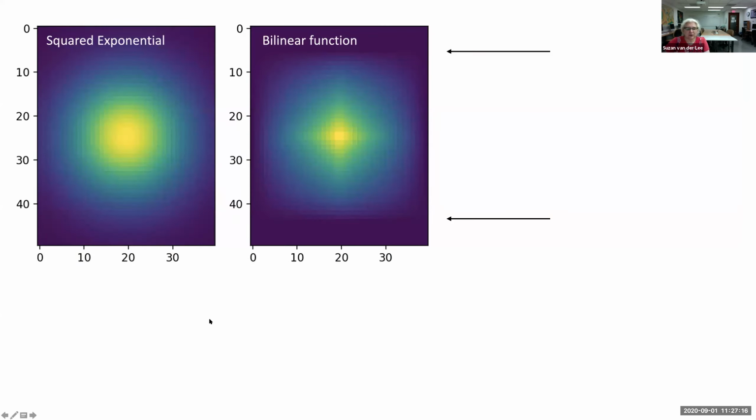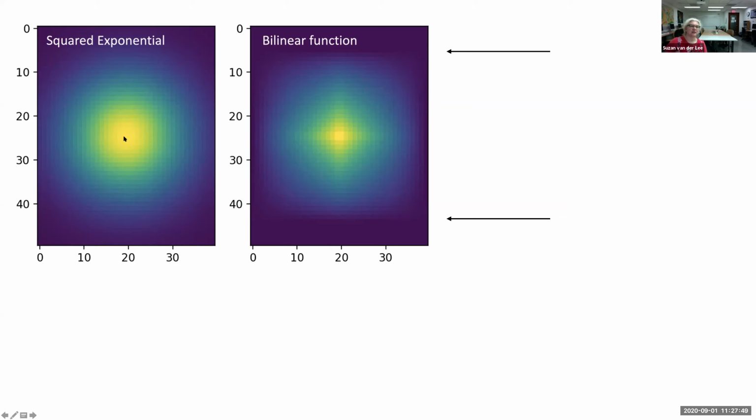Since we were working in 2 dimensions, we need to go away from the 1 dimension and look at 2 dimensions. Our x-axis is over here on the right for both of these plots, and the y-axis or latitude axis is over here. These colors represent the height of these basis functions. This figure gives us the height in colors, with yellow being high and purple being low, of the bilinear interpolation function.